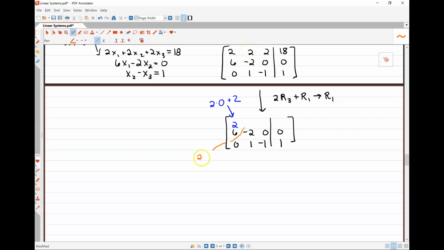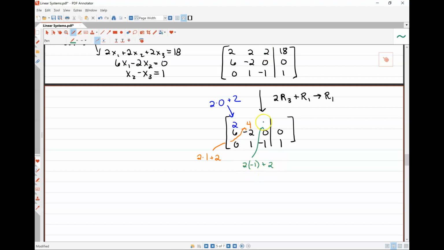This is 2 times 1 plus 2, and that's 4. To get this entry, I'm going to do 2 times the value in row 3, which is -1, plus the value in row 1, which is again 2.